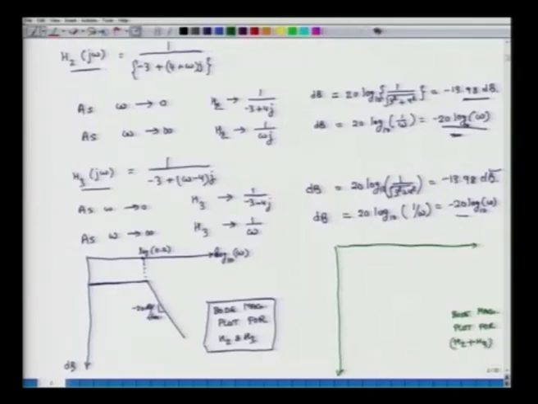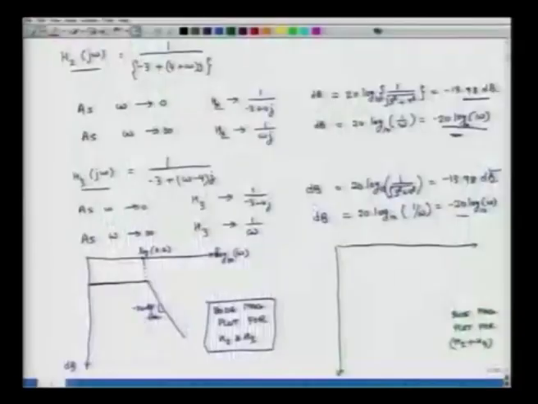So, essentially I will add these two lines. My low frequency asymptote will be once again a constant line, such that the y intercept will be negative 13.98 times 2 decibels.